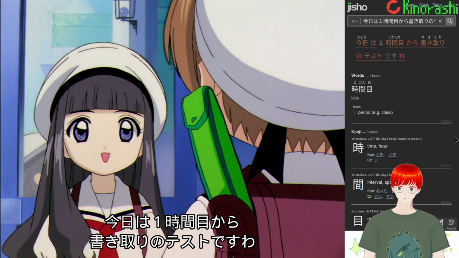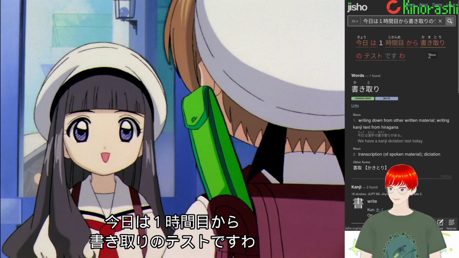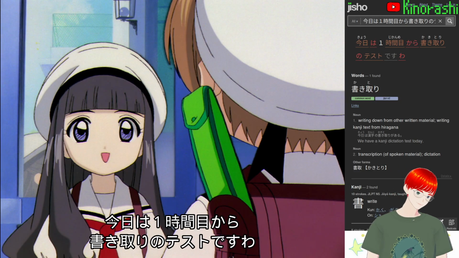Let's see, what verb do they like to use? Kakitori, writing down from written material. Okay, we're writing down from written material test. Oh, writing down from heard material test. Okay, we're spelling test.